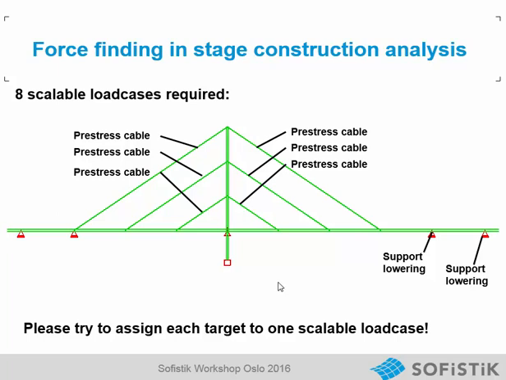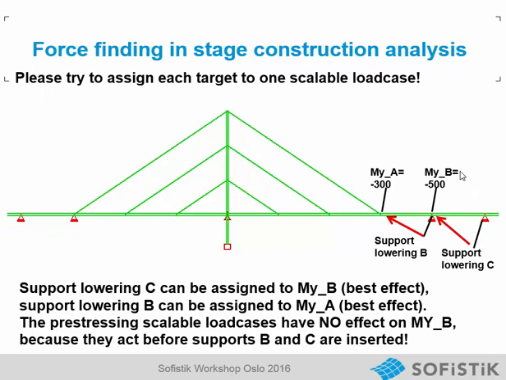Now what can we do? I choose here a support lowering and a support lowering here, because we cannot use the cable pre-stress to optimize this bending moment: in the construction stages where we stress these cables, this element is not active, and we have no effect of a cable pre-stress on this element.